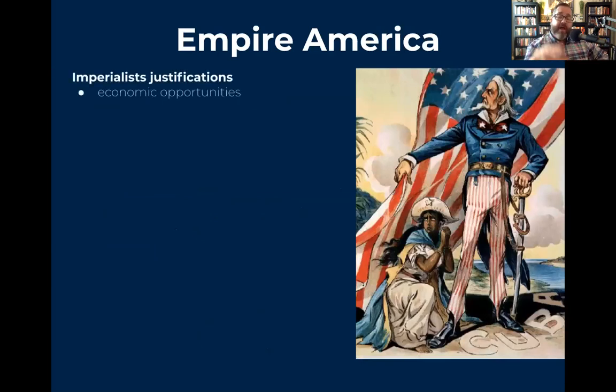In fact, number one, they're going to say there's numerous economic opportunities, lots of natural resources in this area, and we have got to procure those areas for the economic security of the United States. There's a strategic initiative here. Alfred T. Mahan, in his treatise, argued that a real, powerful country will have control of the oceans. They'll have control of the seas.